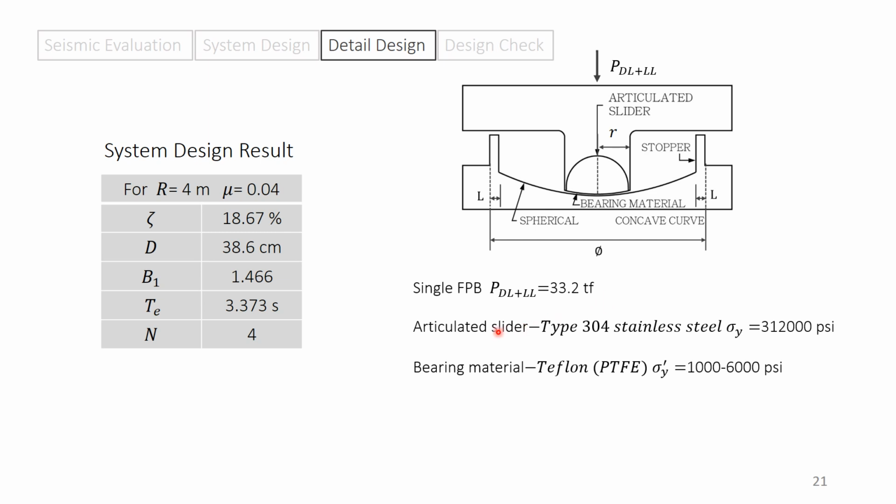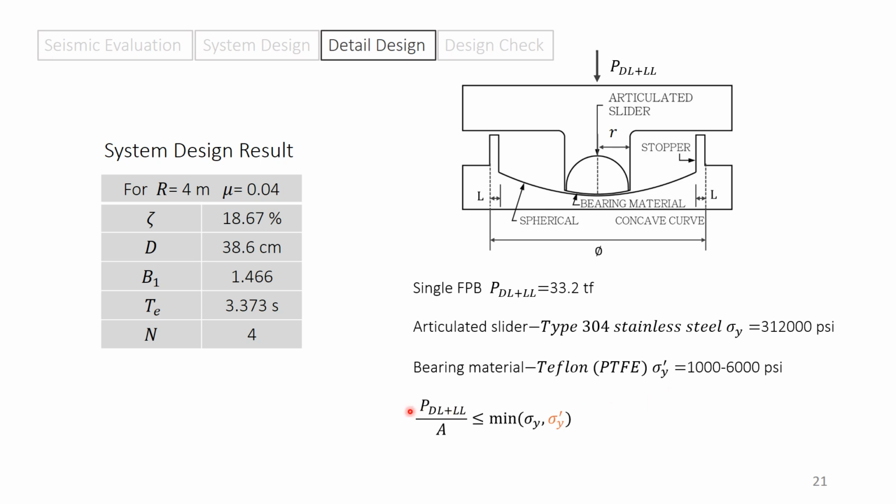For the articulated slider, the type 304 stainless steel is usually used. And for the bearing material, Teflon PTFE is usually used. And we know the yielding strength for these two kinds of material.